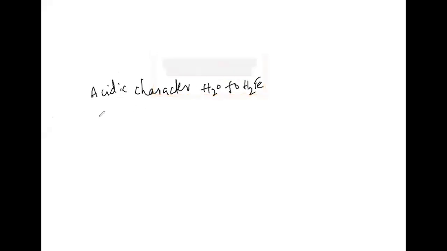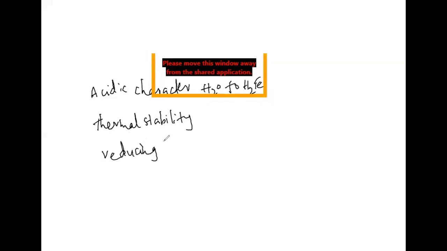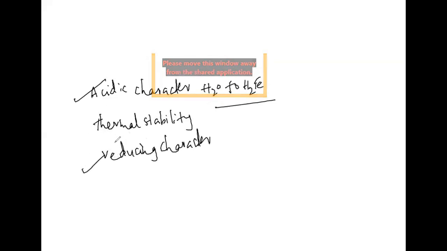At the same time, the thermal stability decreases from H2O to H2Te, and generally the reducing character increases from H2O to H2Te. Both acidic character as well as reducing character increase, whereas the thermal stability decreases down the group.